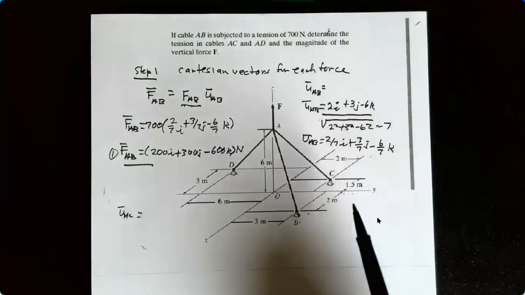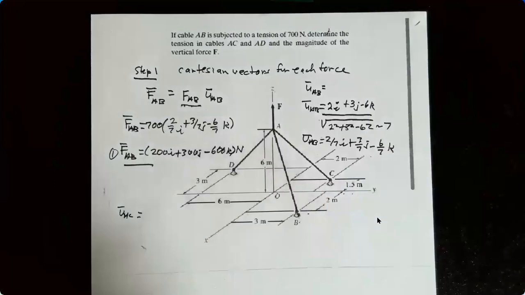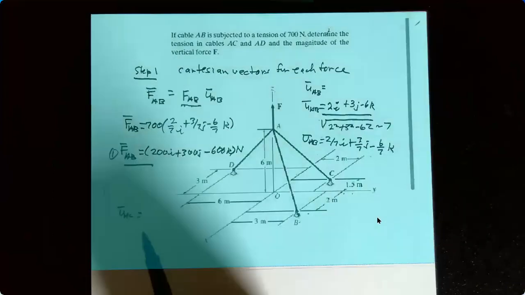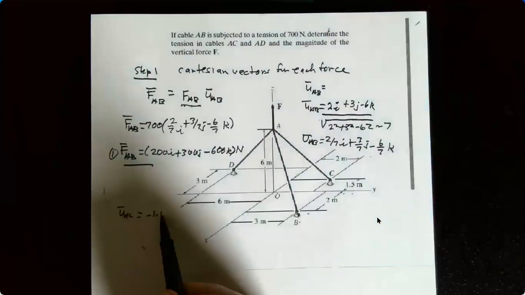And again, if you look at it, that's going in what direction? Going from O to C, it looks like it's going in the negative direction, correct? Minus 1.5. So it's minus 1.5 I.